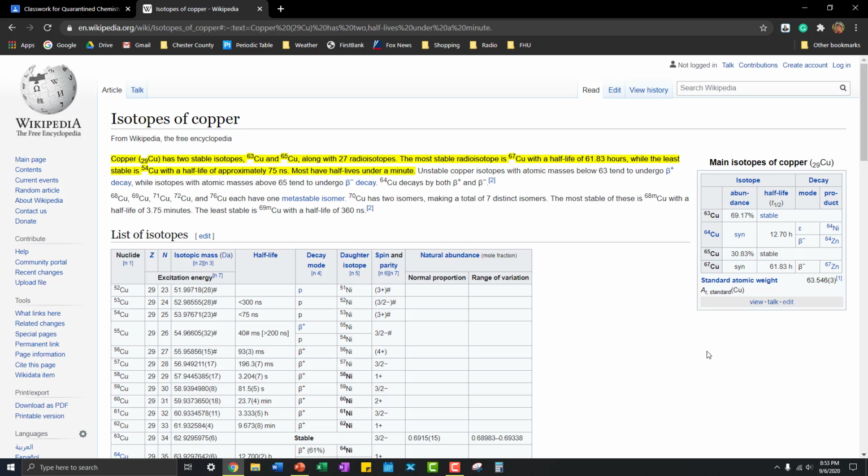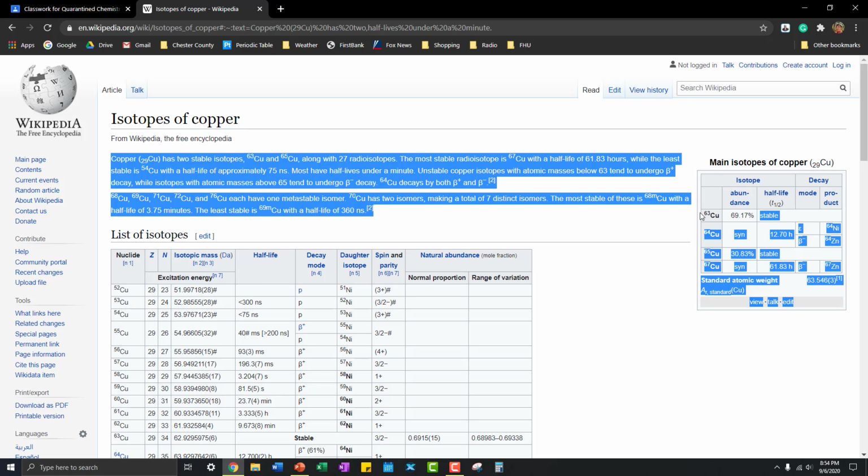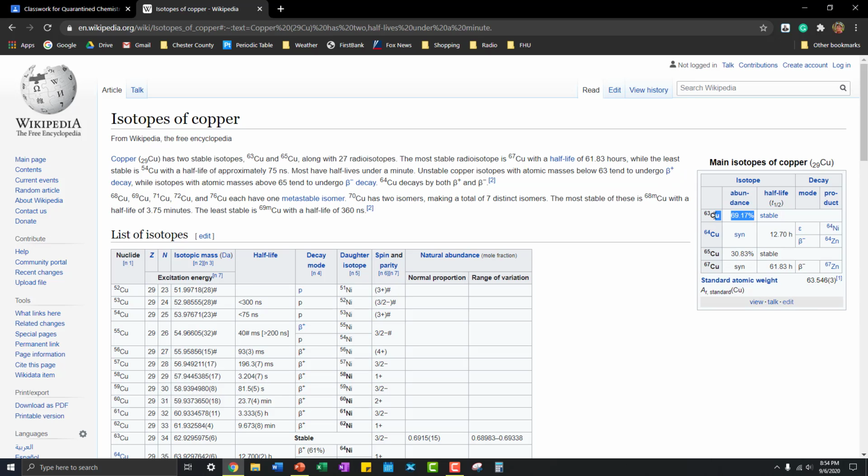So here's the deal. The mass is going to be much, much closer to 63, because it's about 70% abundant. But because you've got about 31% that weighs more than 63, that means that the average atomic mass of copper will be a little bit higher than 63.